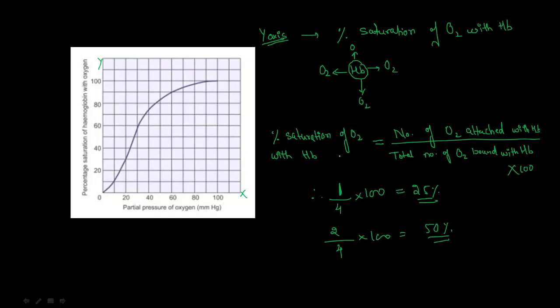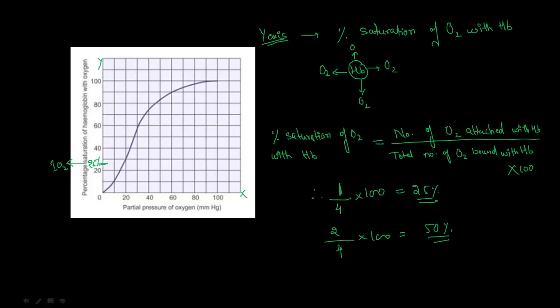This is one thing about the y-axis. By using all this, you can calculate the percentage saturation of oxygen with hemoglobin. Like here, let's say this is 0 to 20, then somewhere here you will find 25%. So at 25%, you will have one oxygen molecule attached, right?